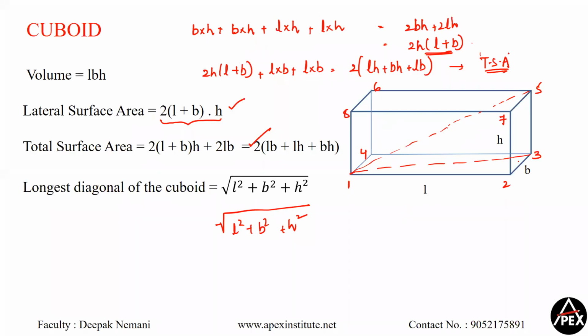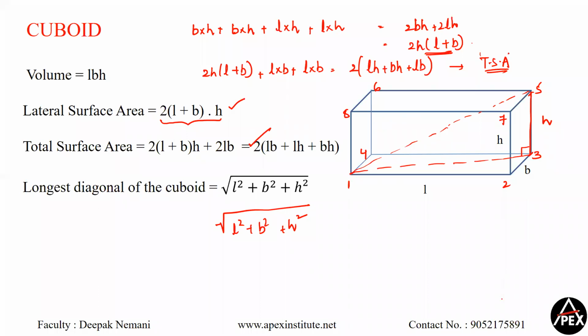Now let me consider, to determine the length of this diagonal joining 1 and 5, we know that this is H. If I consider 1, 3 to be another side of this triangle, this forms a right angle triangle. So to determine the line joining 1 and 5, you need to know the length of the diagonal joining 1 and 3.